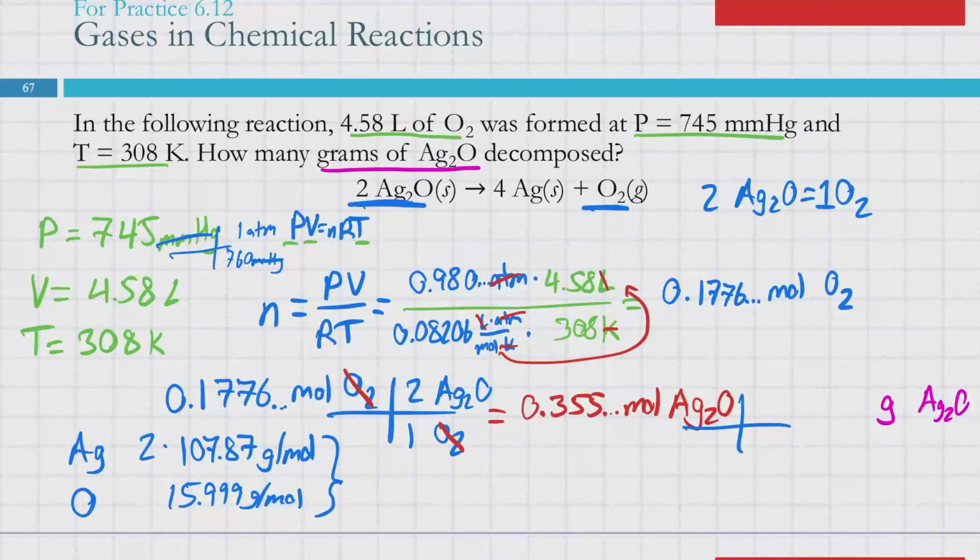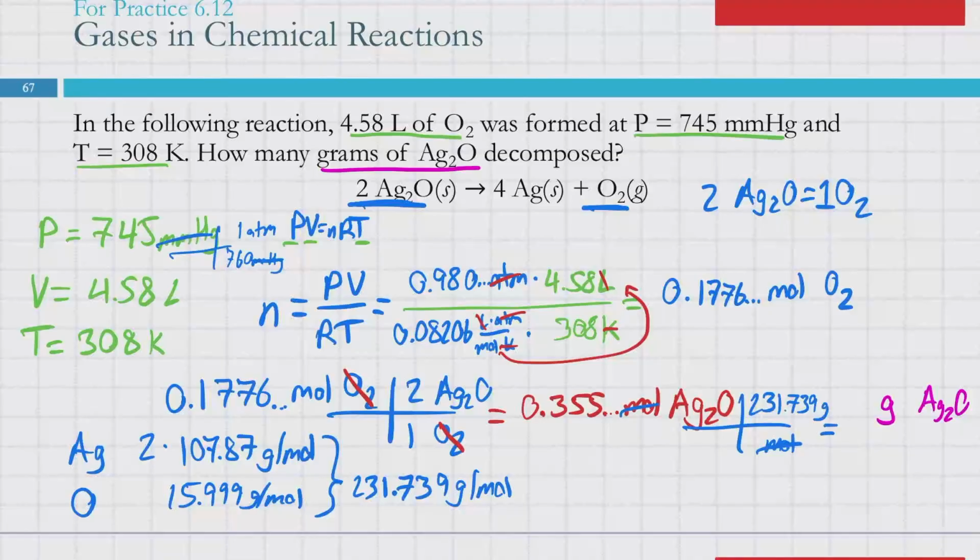So 2 times 107.87 and then add about 16. So it's 231.739 grams per mole. Grams over moles.